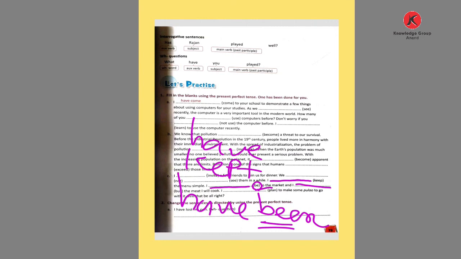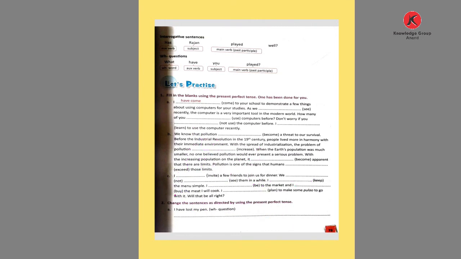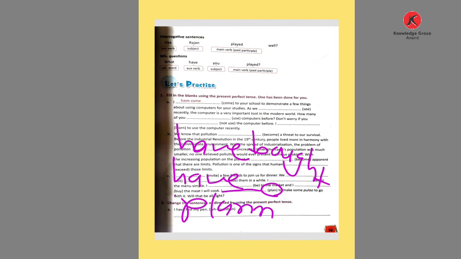Then, and I dash the meat: the verb is buy, so we use have bought. Then: I dash to make some pulao to go with it. Will that be alright? Here plan is used, so have planned. So this is how we use the present perfect tense with have, has and the past participle of the verb.